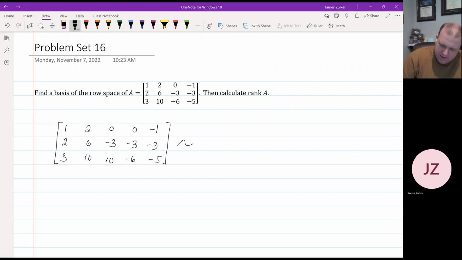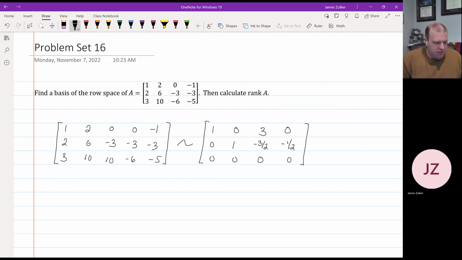Now let's RREF it. So the non-zero rows will form a basis.